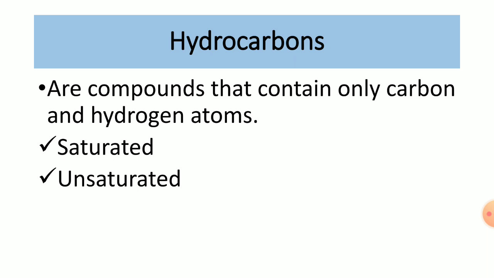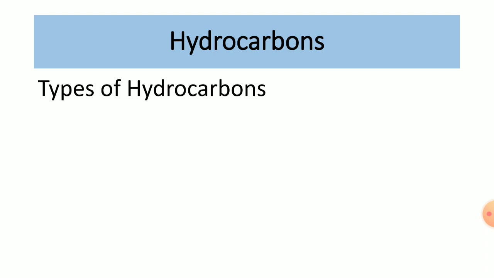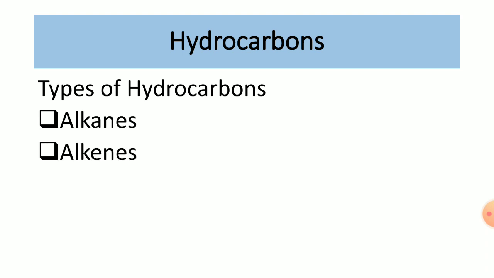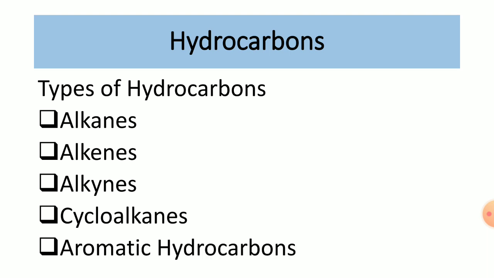So, they can be double bonds, triple bonds, or a combination of the two. So, we have here the types of hydrocarbons. We have the alkanes, alkenes, alkynes, cycloalkenes, and the aromatic hydrocarbons.